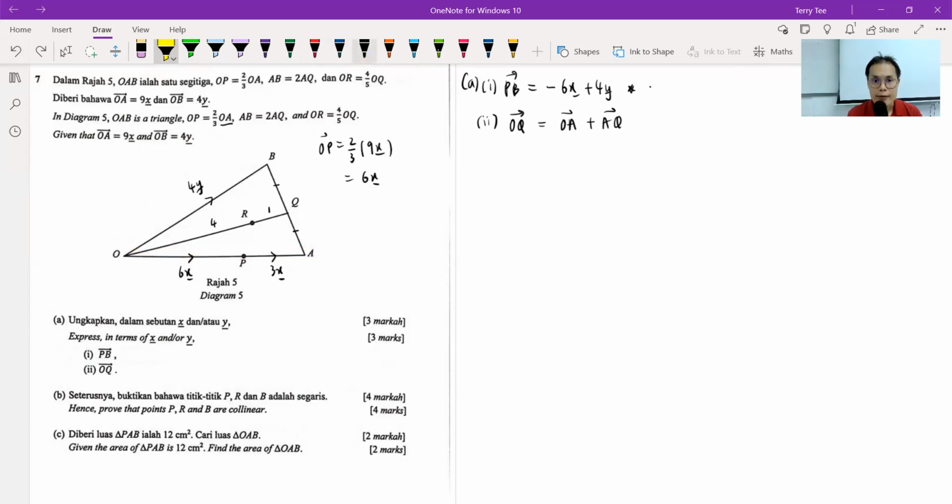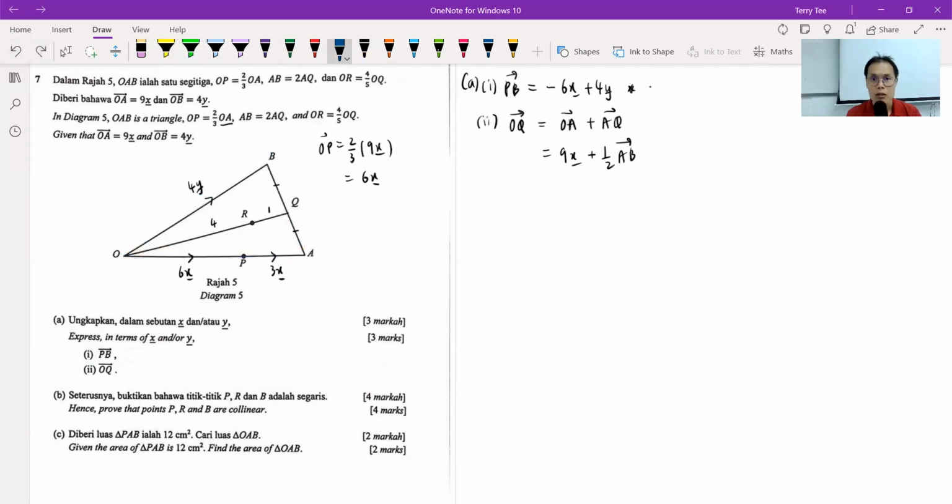So OA itself is 9x. AQ is half of AB, isn't it? We already know it's half of AB, and we can find AB right now. AB is minus 9x plus 4y.